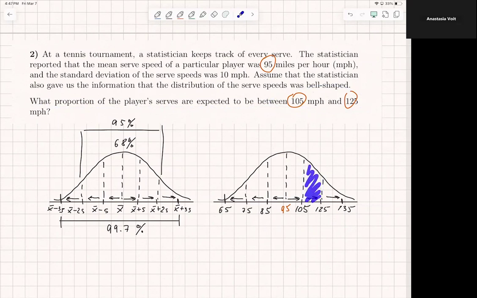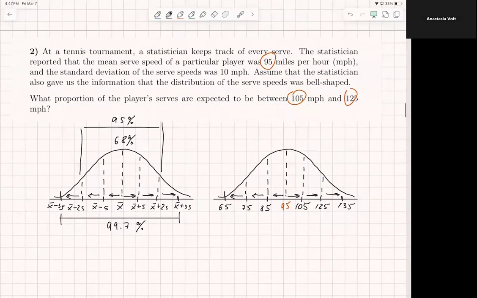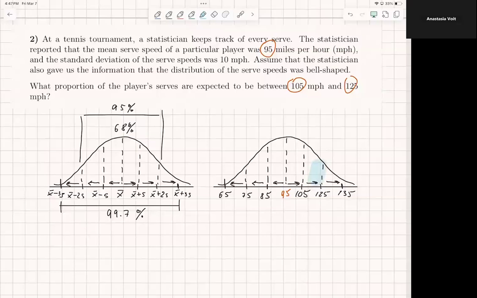105 and 125. Okay? So as we said, this portion, right? This is our 95%. And this portion, this is 68%, correct?